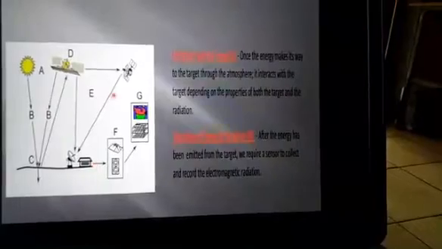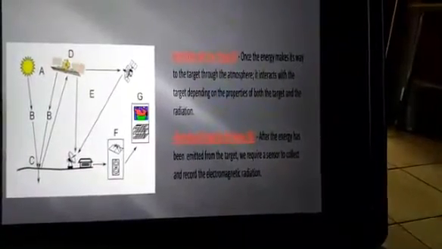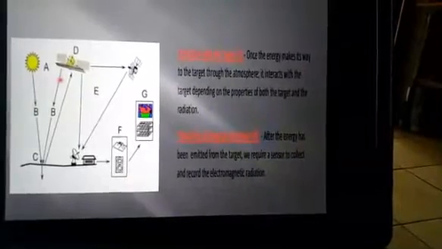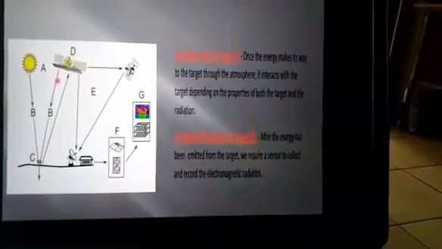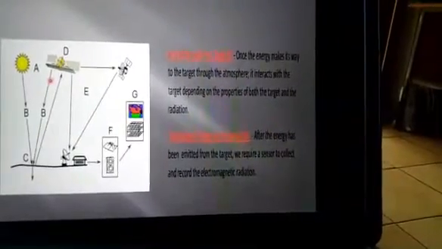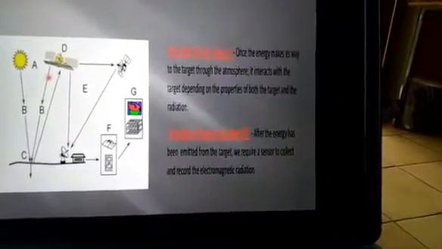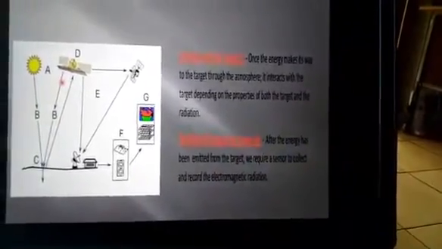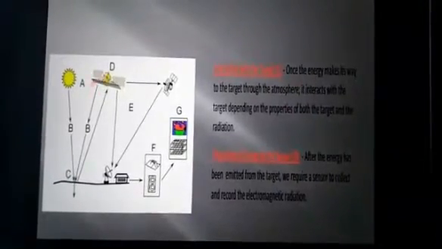Then from there we go to D, where the recording of energy by sensors takes place. After the energy has been emitted from the target, we require a sensor to record and collect the electromagnetic radiation. That occurs there on our satellites.